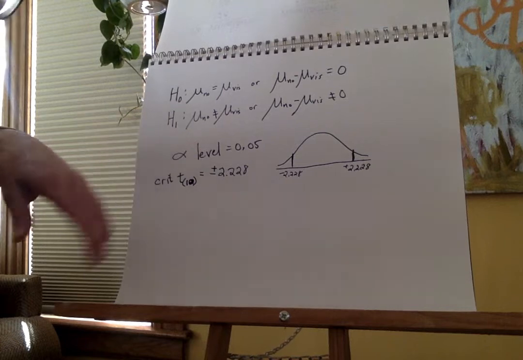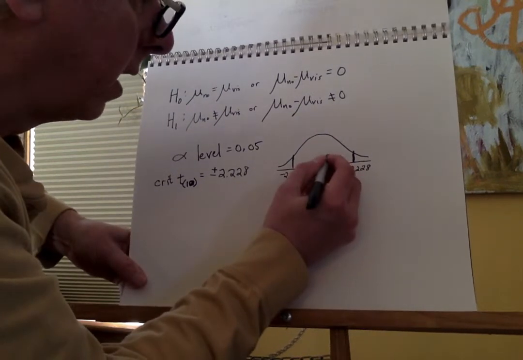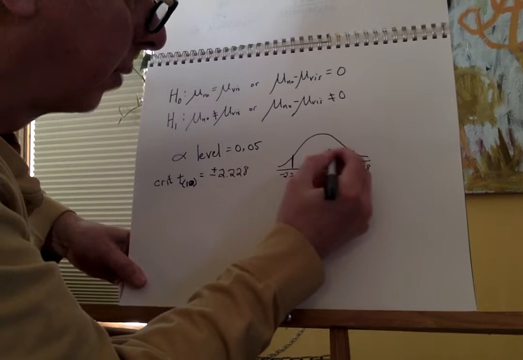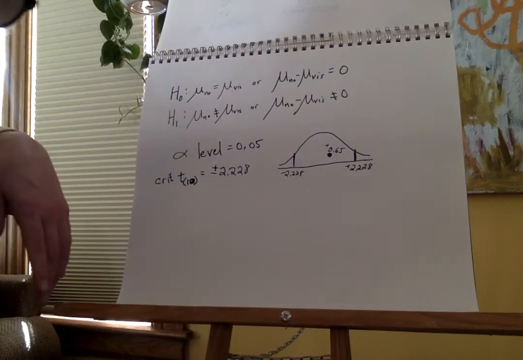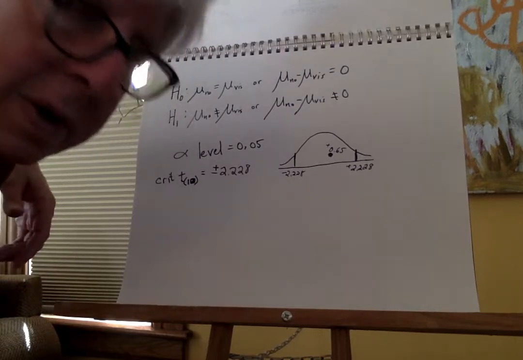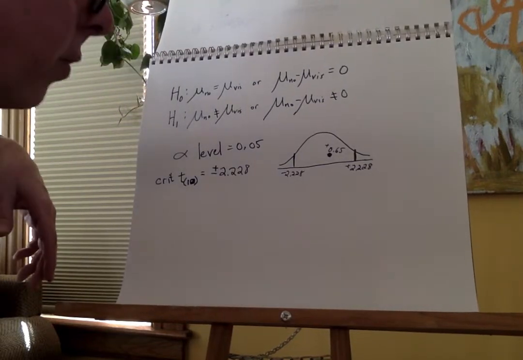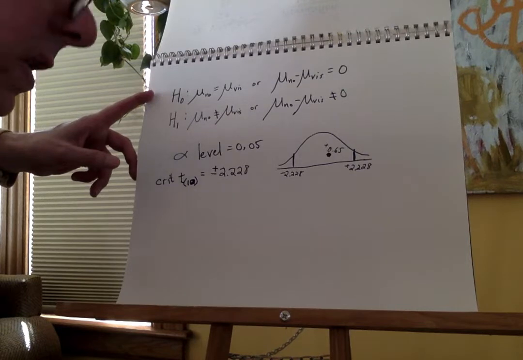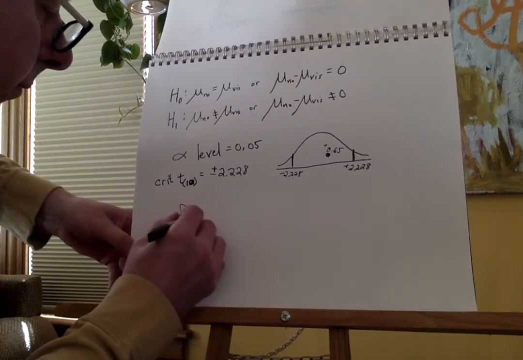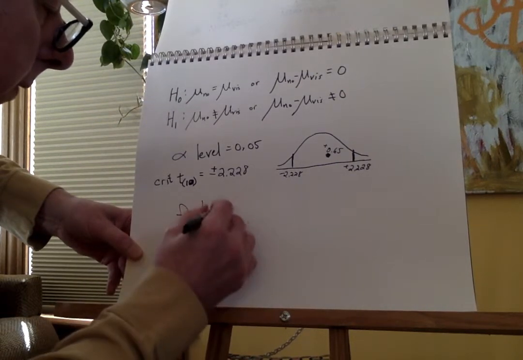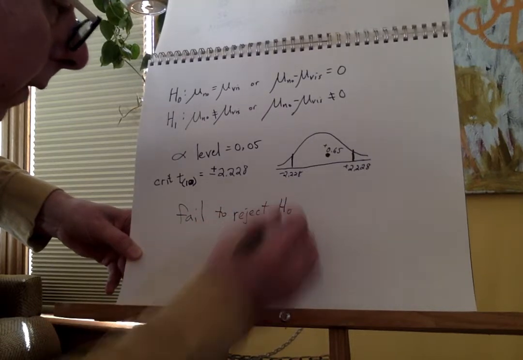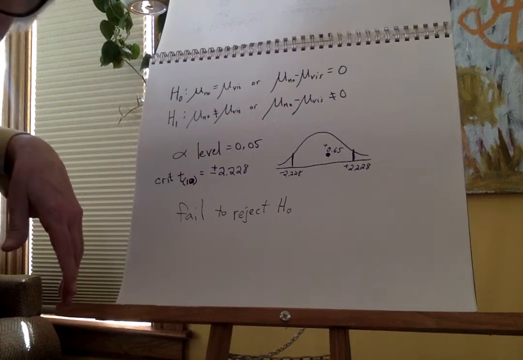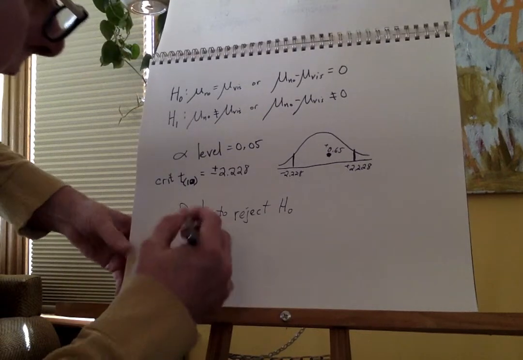When we do our calculations, we get a value right here, right? 0.65. And so in this case, would we fail to reject the null, or would we reject the null? And of course, we're going to fail to reject the null. And we'll do our step 5, of course.